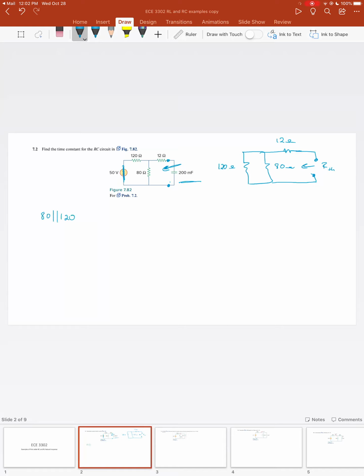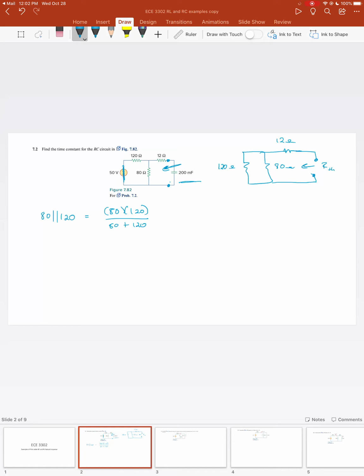So we have 80 in parallel with 120. I believe, if I'm correct, that's going to be 60. But let me check on my calculator just to be sure. So we have 80 times 120 divided by 80 plus 120.